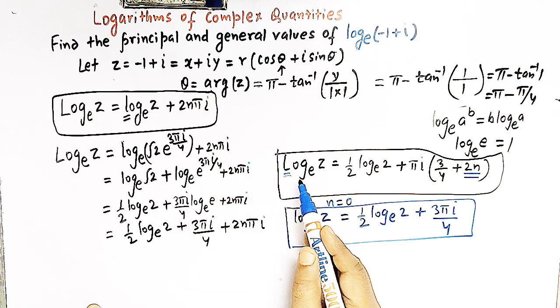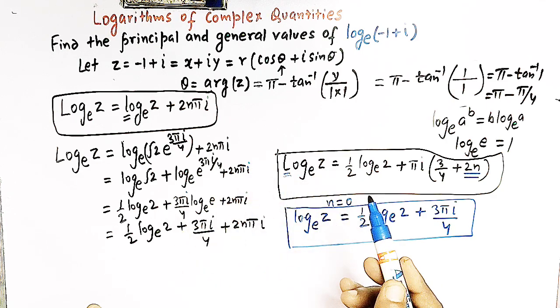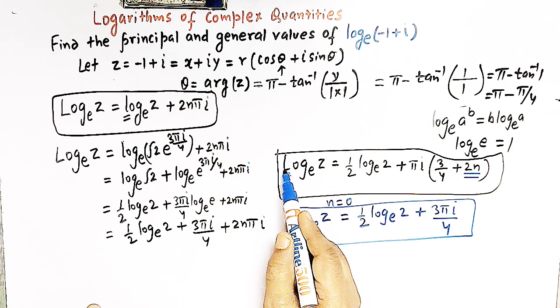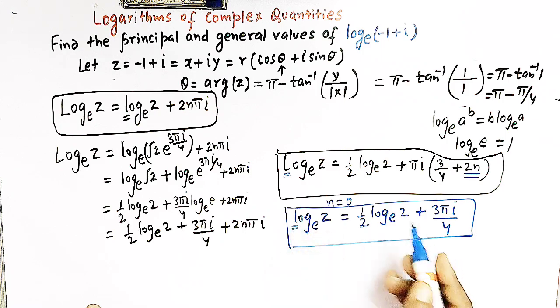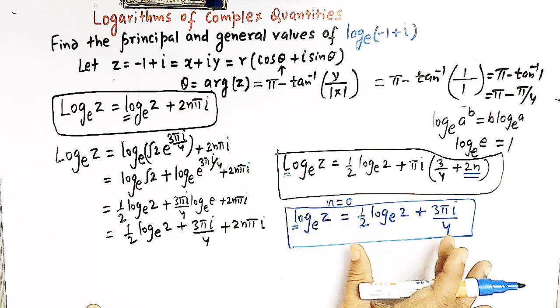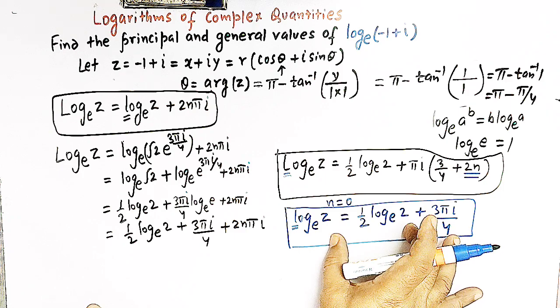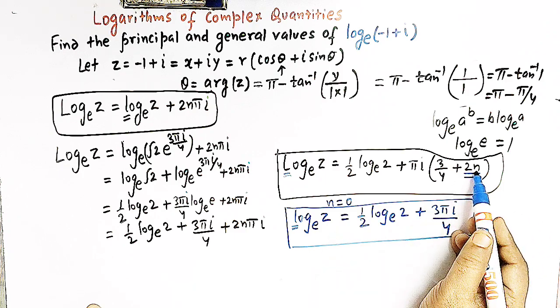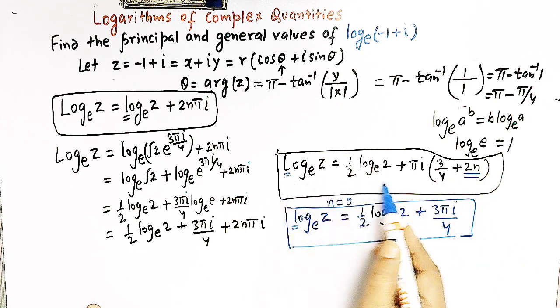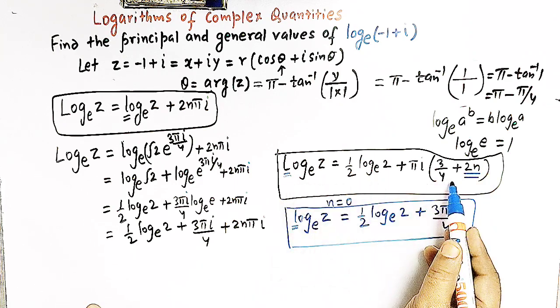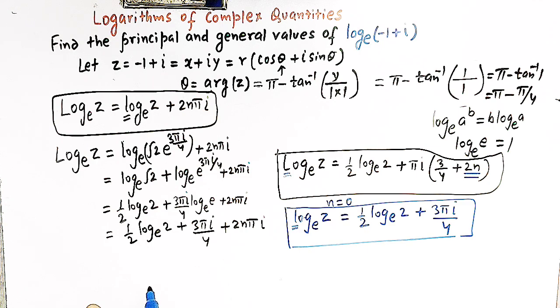And whenever we write the general value of the logarithm of a complex number, we use capital L, and when we write the principal value of the logarithm of a complex number, we use small l, right? So n equal to 0 corresponds to the principal value. And when we take this integer n, then this entire expression represents the general value, right?